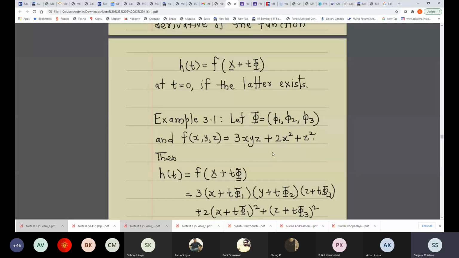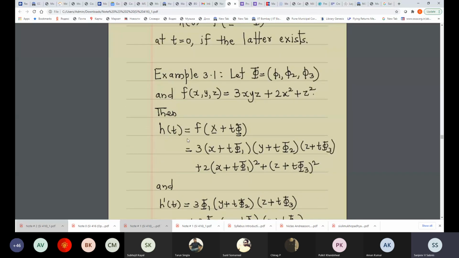Let me illustrate this concept with the help of an example. Let phi be given by phi1, phi2, phi3. It's in 3 dimensions, and let f of x, y, z be given by this function. Then h of t, which we defined as f of x plus t times phi, will turn out to be 3 times x plus t phi1, the first element of phi, then y plus t phi2, the second element of phi, and so on.